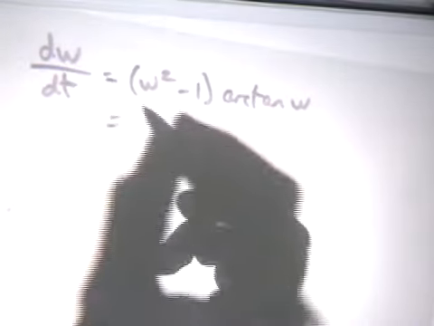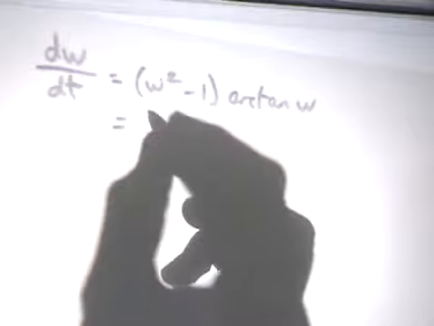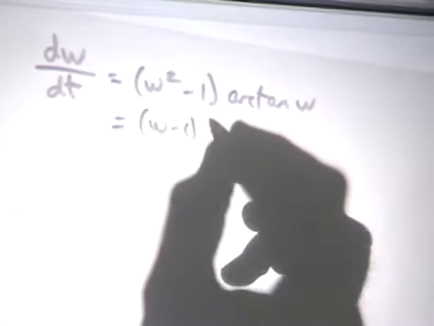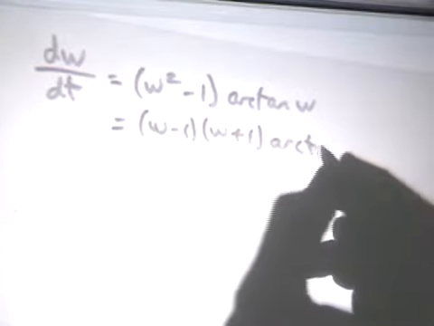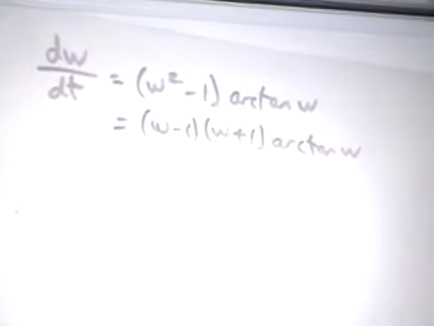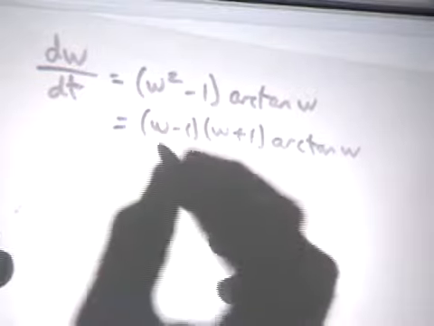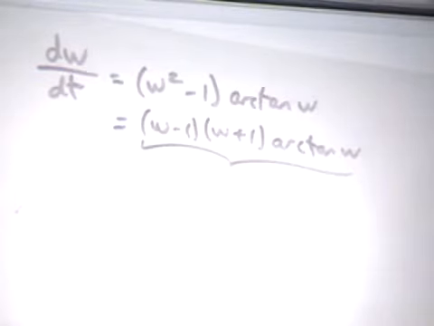First thing we can do is this left factor in the right-hand side is pretty easy to factor. That's just (w minus 1) times (w plus 1). So we can think of this function in this way on the right-hand side. Since we're already using different letters for the dependent variable here, I'll use a different letter for the function name.